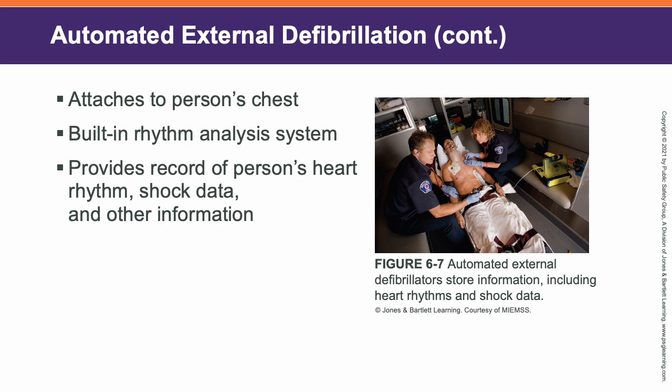The machine is able to analyze, oh, this rhythm is off, it needs to be shocked to be able to normalize. Or no, shock won't actually help. A lot of these newer AEDs actually will record the data inside the machine, and it's accessible. So when EMS arrives, they can access that data to see what the rhythm is, so that if the AED can't fix it, maybe they can.